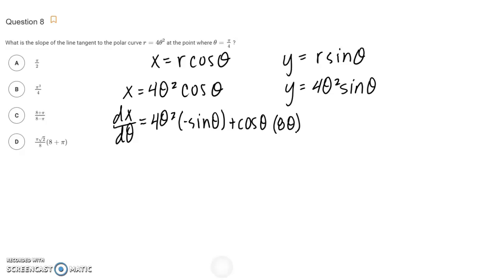And at this point, if you want to replace theta with pi over 4, so 4 times pi squared over 16 times negative root 2 over 2 plus root 2 over 2, 8 times pi over 4 would give you 2 pi.